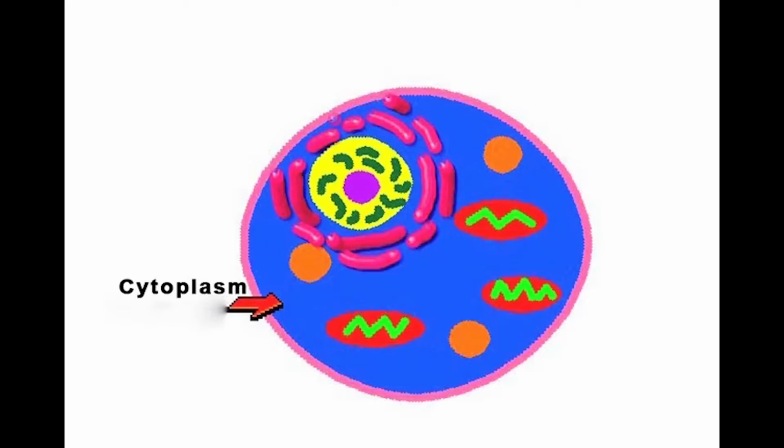Next, we have the cytoplasm, which is outside the nucleus and inside the plasma membrane. It is the aqueous watery substance in which all other cellular substances like organelles and loose molecules are embedded, and all of these contents are contained within the plasma membrane in order to maintain the diverse structure of the cell.